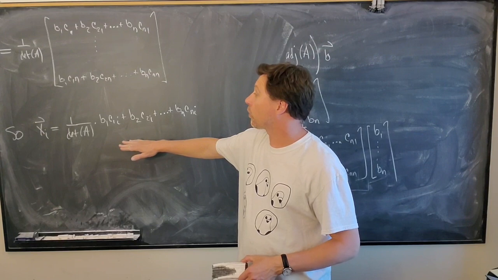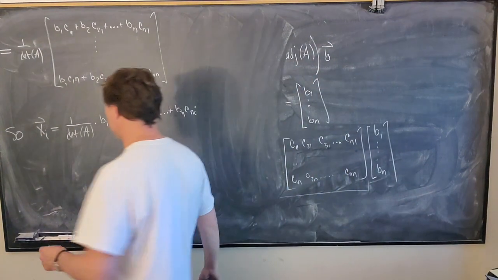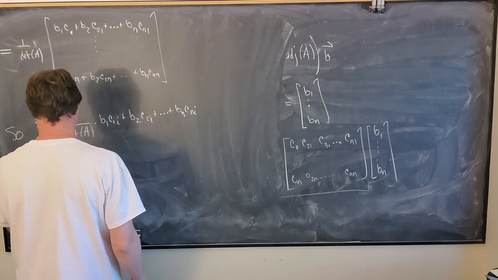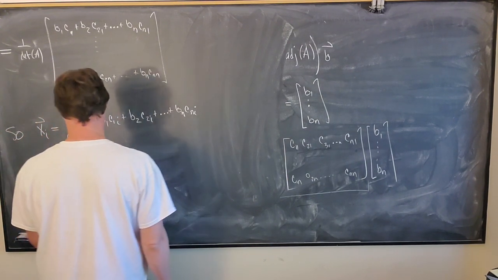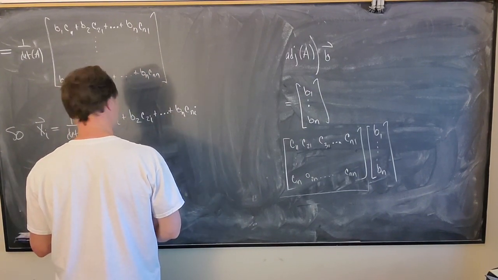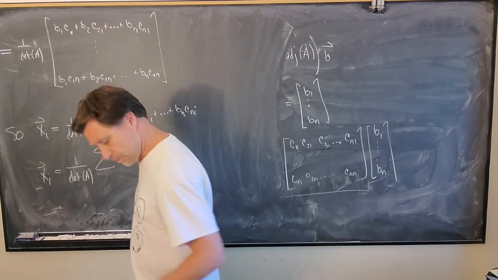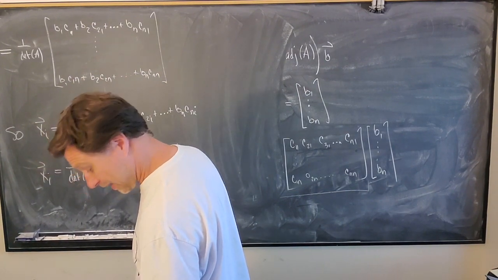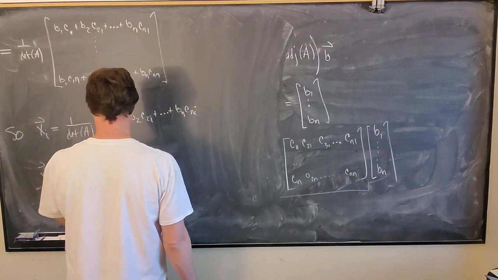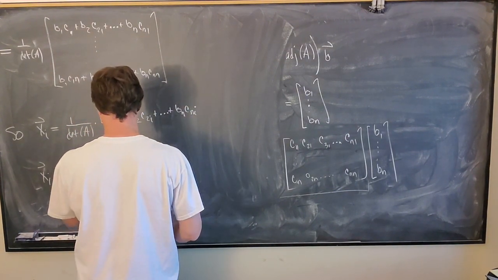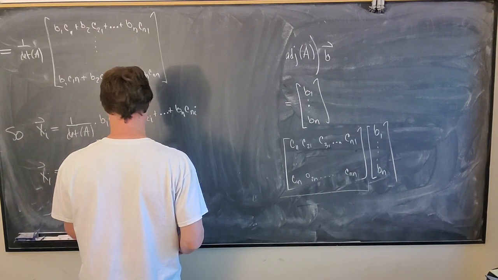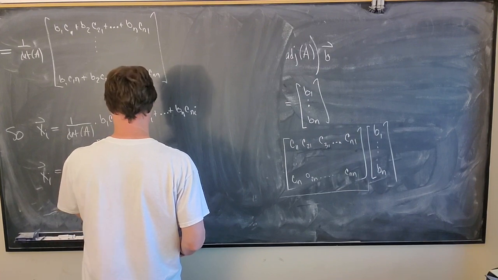Now what I want to do is write xi in sigma notation. What we get is x sub i is equal to 1 over the determinant of A times the sum, I used i already, so I'll use k, k equals 1 to n, B sub k times C sub k i.